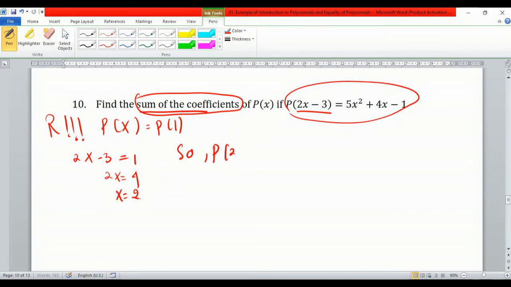So P(2 times 2 minus 3) equals 5 times 2 power 2 plus 4 times 2 minus 1. So this one is 20 plus 8 minus 1. So this one should be 27. Okay, everyone, I hope you understand what I'm explaining today.